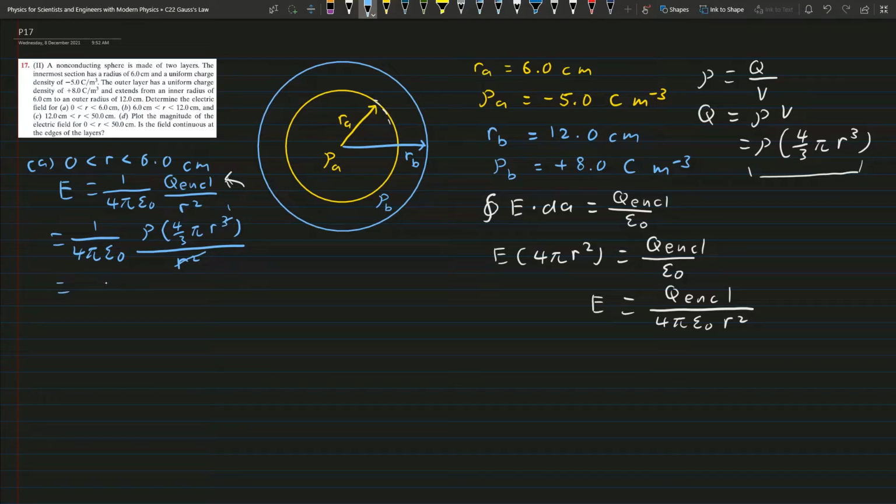So this is rho A. This is 1 over 4 pi epsilon naught, rho A and 4/3 pi r, and this 4 pi can be cancelled out. We get rho A r over 3 epsilon naught, right?